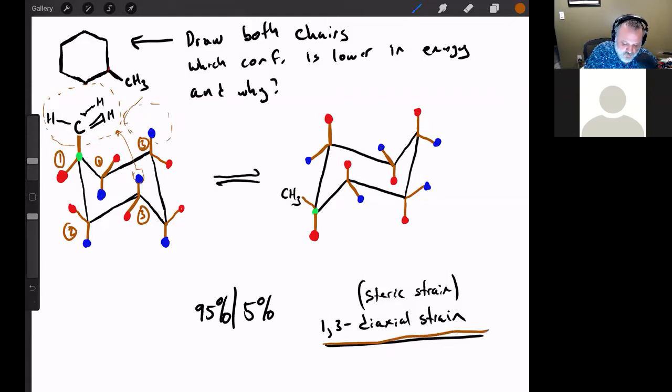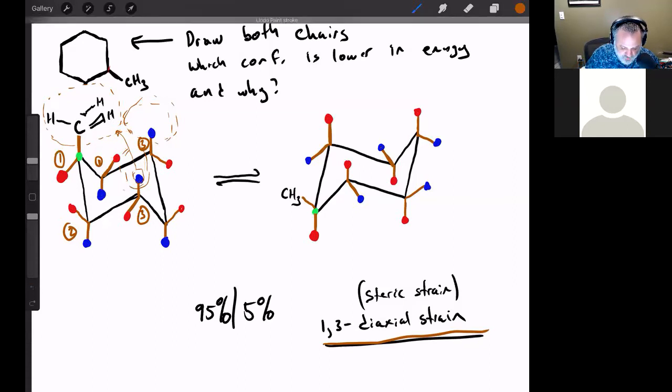And so it's much more difficult in these pictures because I'm not a great artist and I can't project it on the fly, but the electron cloud of the CH3 group is interfering with the other electron clouds in the axial position. But let's take a look at what's going on when it's in the equatorial position.